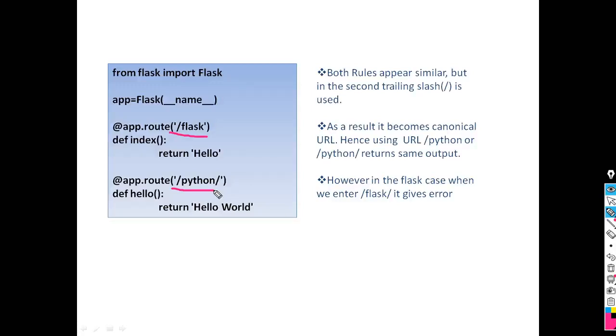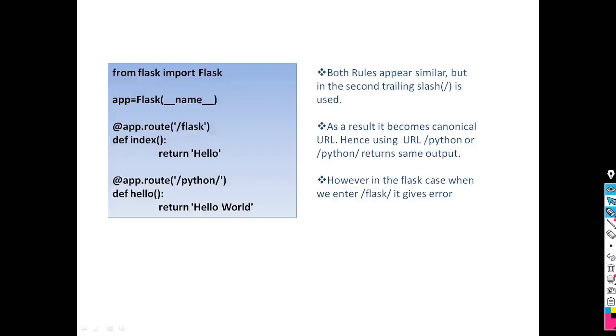As a result, it becomes a canonical URL. Hence, using /python or /python/ returns the same output. This is called a canonical URL, and we will see in the next video what it means. However, in the Flask case, when we enter /flask/, it gives you error. So this is the meaning of slash.